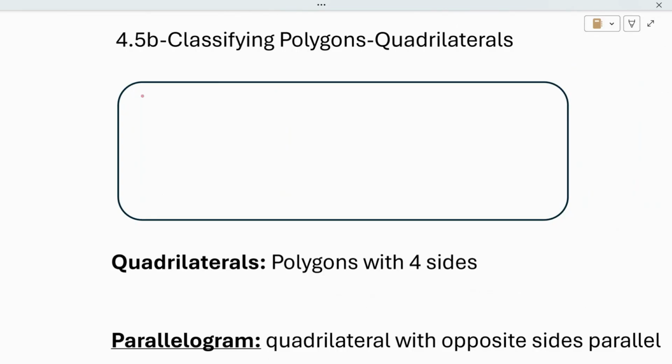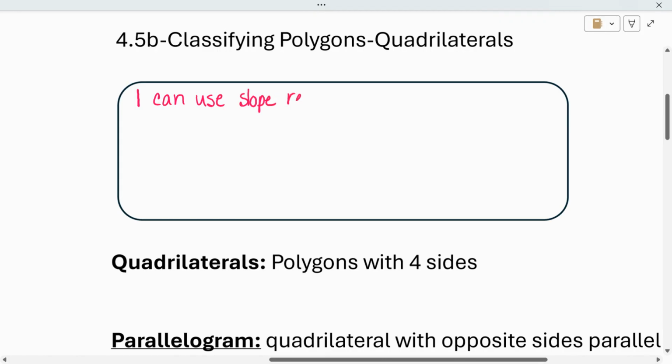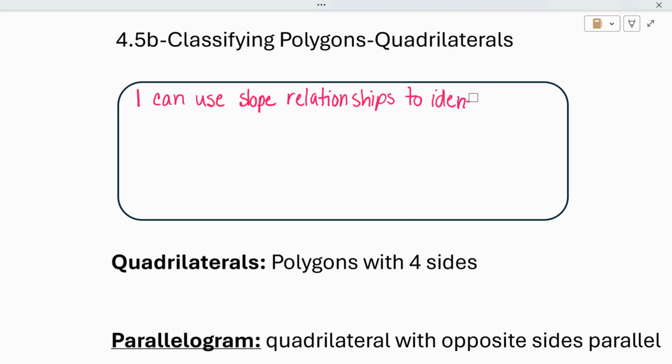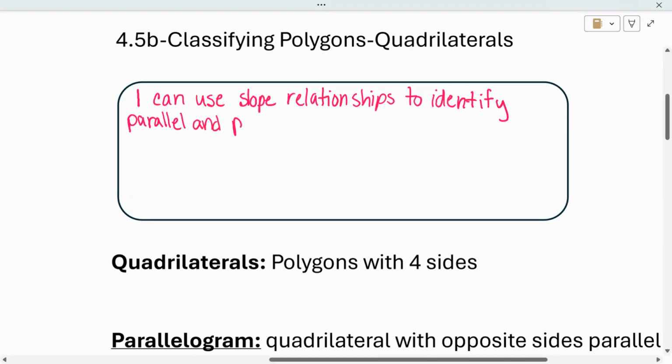So I can use slope relationships to identify parallel and perpendicular lines.